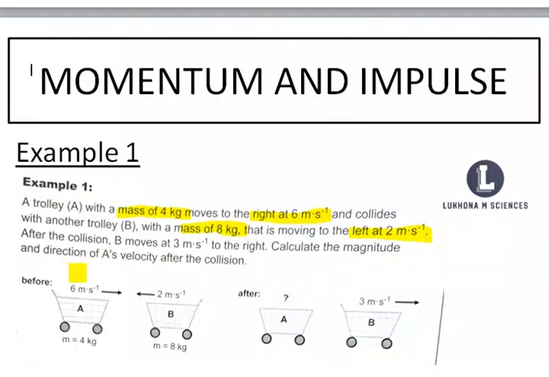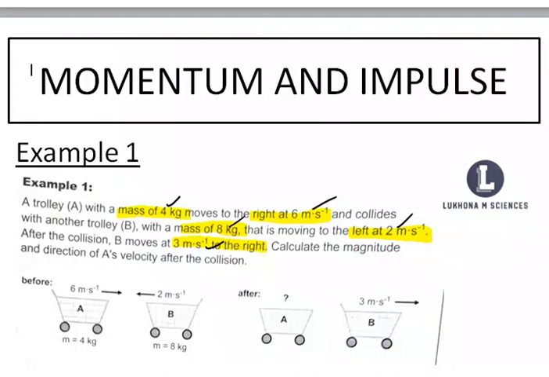Then after the collision, B moves at 3 meters per second to the right. Calculate the magnitude and the direction of A's velocity. If you check the SI units, kg, correct, meters per second, correct. So there is nothing that needs to be converted.